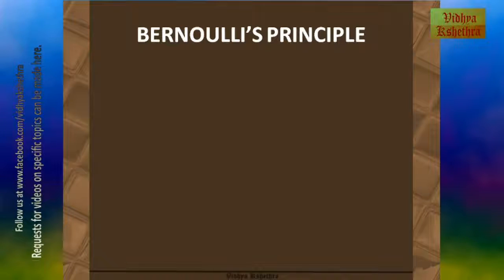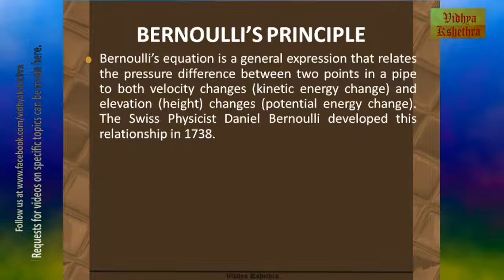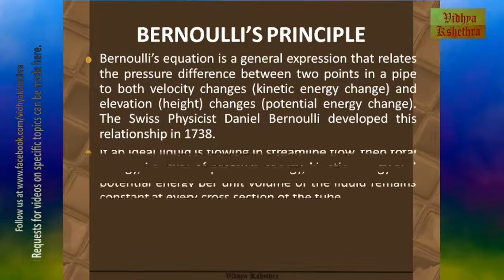Now we shall see Bernoulli's principle. Bernoulli's equation is a general expression that relates the pressure difference between two points in a pipe to both velocity changes and elevation changes. It is a consequence of conservation of energy. The Swiss physicist Daniel Bernoulli developed this relationship in 1738.